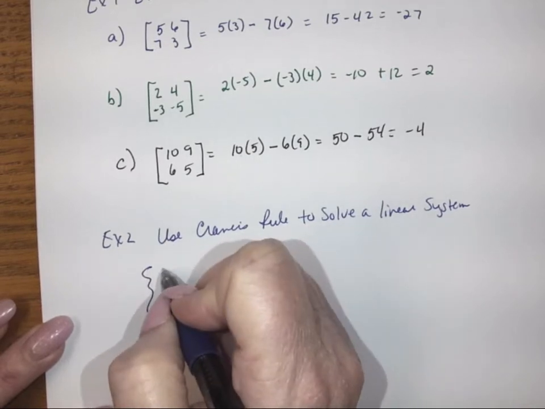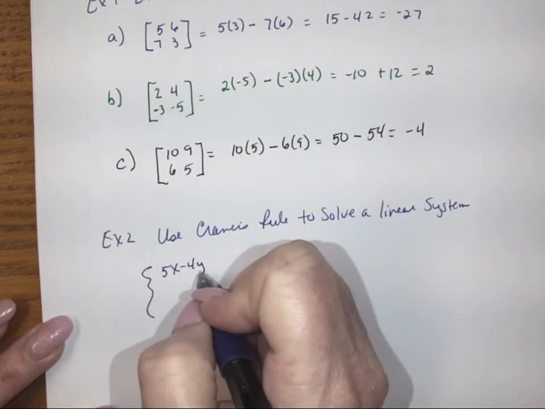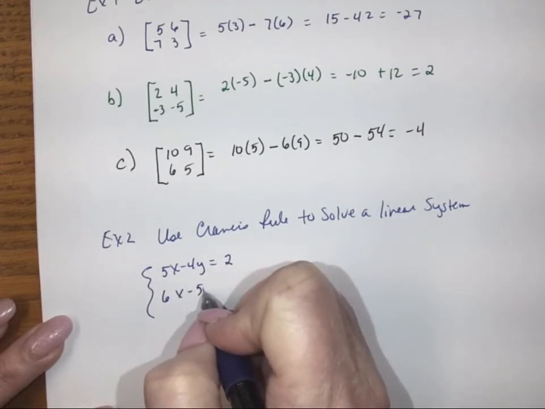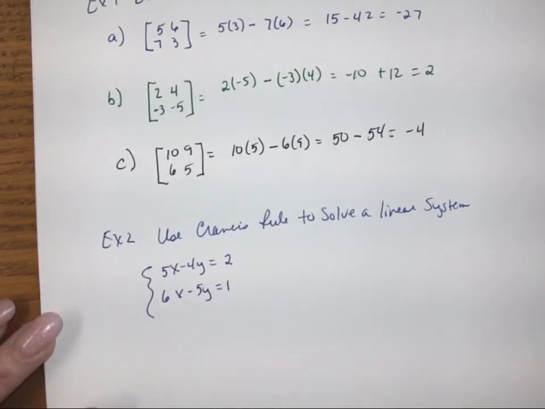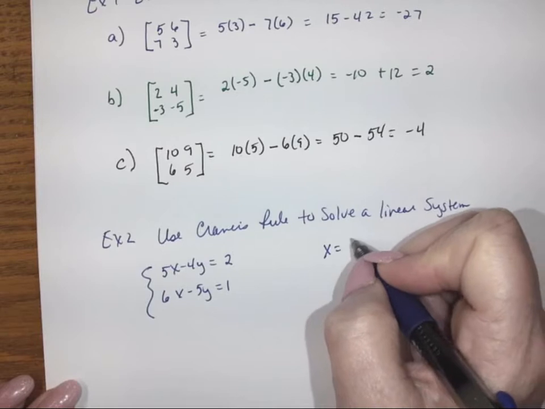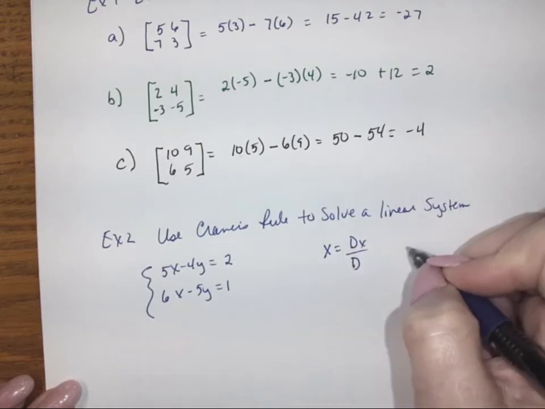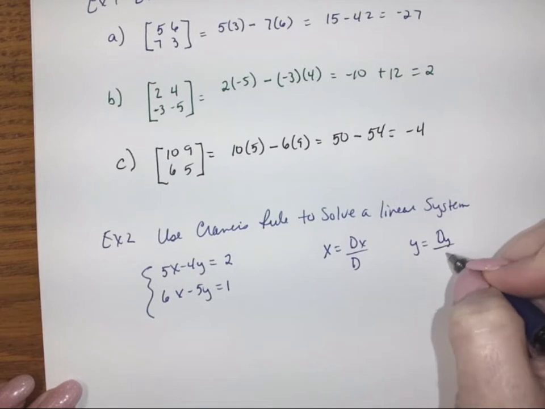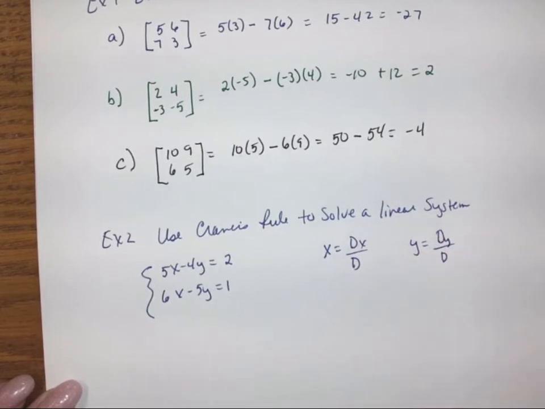We have 5x minus 4y equal to 2, and 6x minus 5y equals 1. We need to understand that x is going to be equal to D_x over D, and y will be equal to D_y over D. So it's D sub x and D sub y.